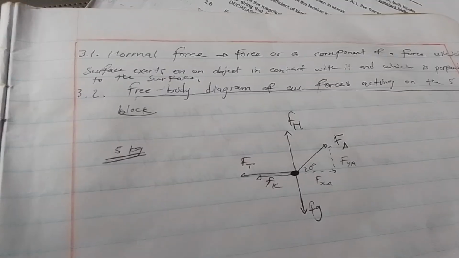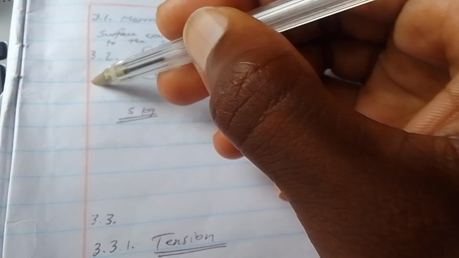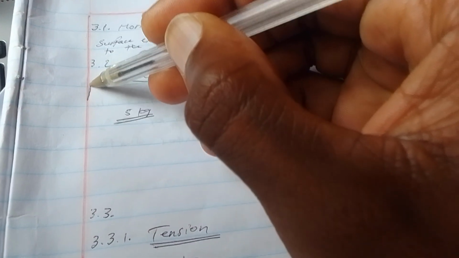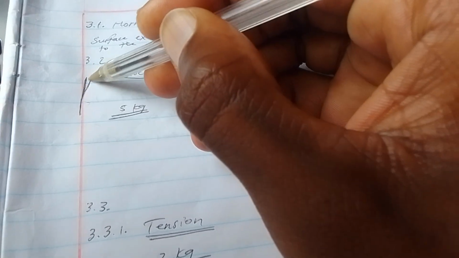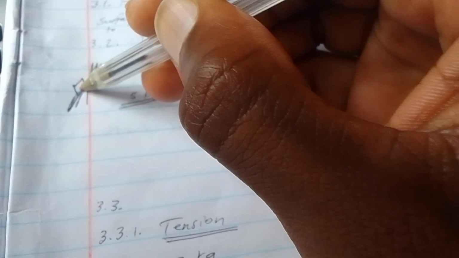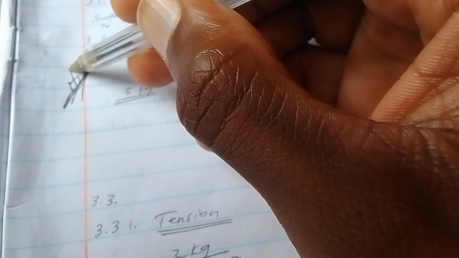So let's say it's our surface, and here's our object. It means that the normal force will be perpendicular to the what?